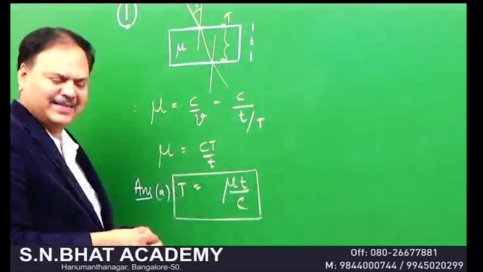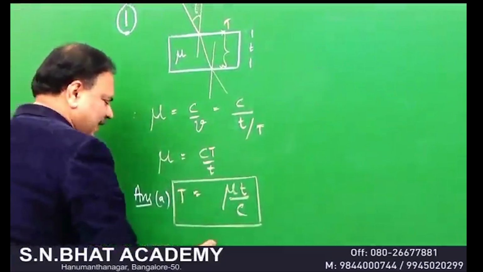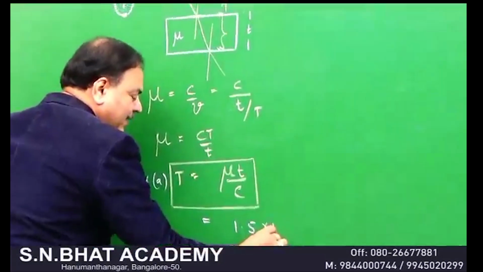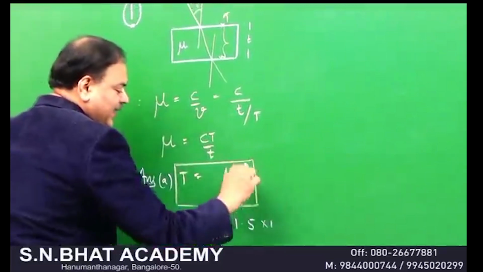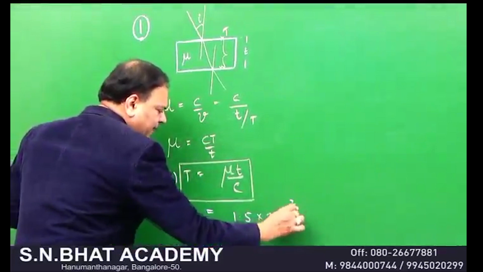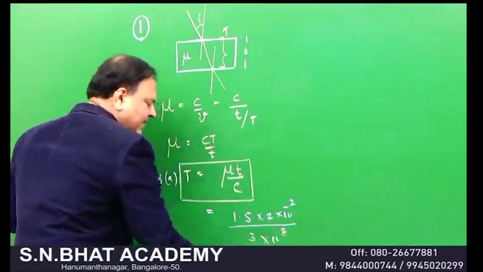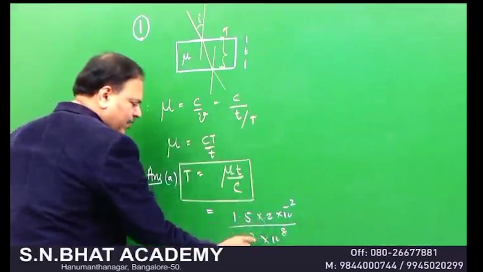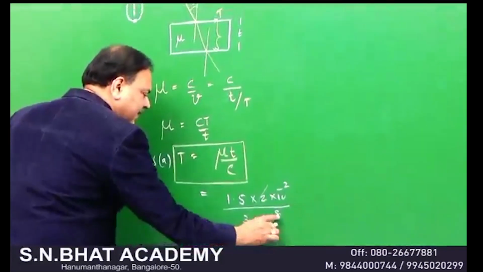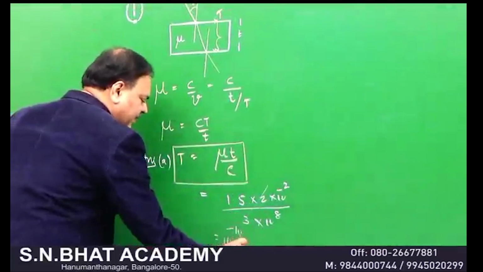Sometimes this problem will be asked like this. They say the refractive index of the glass is 1.5, the thickness is 2 centimeter, that is 2 into 10 to the power minus 2, and the velocity of light is 3 into 10 to the power 8. 1.5 into 2 is 3, the 3s get cancelled, and 10 to the power of 8 comes to the numerator, and with minus 2 it comes out to be 10 to the power minus 10 seconds.